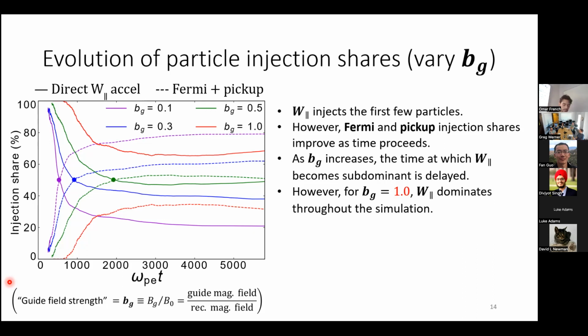Sure. I just want to clarify that here at the very end at 5,000, this is still the active reconnection stage, because these simulations differ from your simulations, correct? In your simulations we had the simulation itself lasting much longer than the reconnection time, so at the end of the day the system settles, corresponding to several light crossing times.